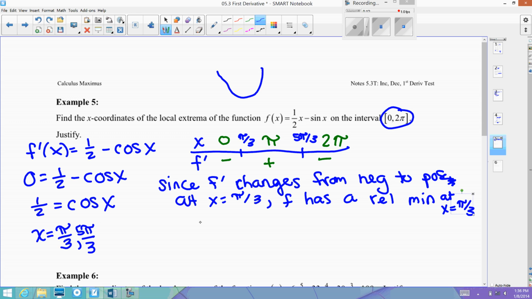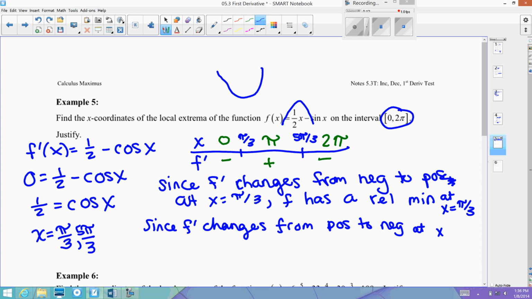Okay, similarly, we have this, it's going from a positive slope to a negative slope, or increasing to decreasing. So since f prime changes from positive to negative at x equals 5/3 pi, f has a relative maximum at x equals 5/3 pi.